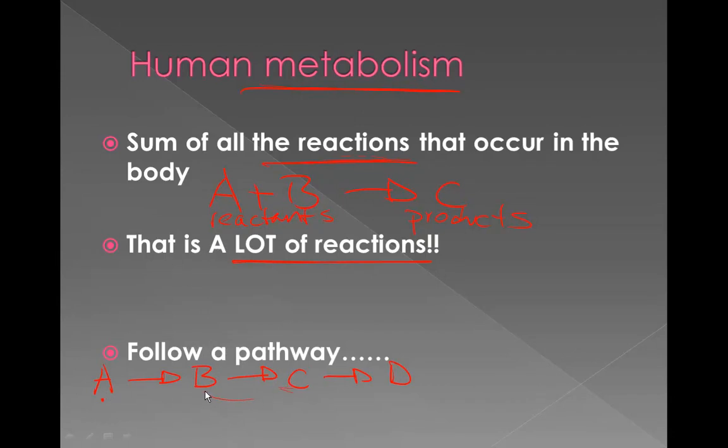So this was a product B, and now it's a reactant in the next, and then this product becomes the reactant, and so on. And in our body, in our metabolic pathways, each one of these is going to have an enzyme that is specific to it. In this case, we're just representing it by the letter E with a number. So there would be 4 different enzymes that will regulate these individual reactions that all together add up to form a pathway.